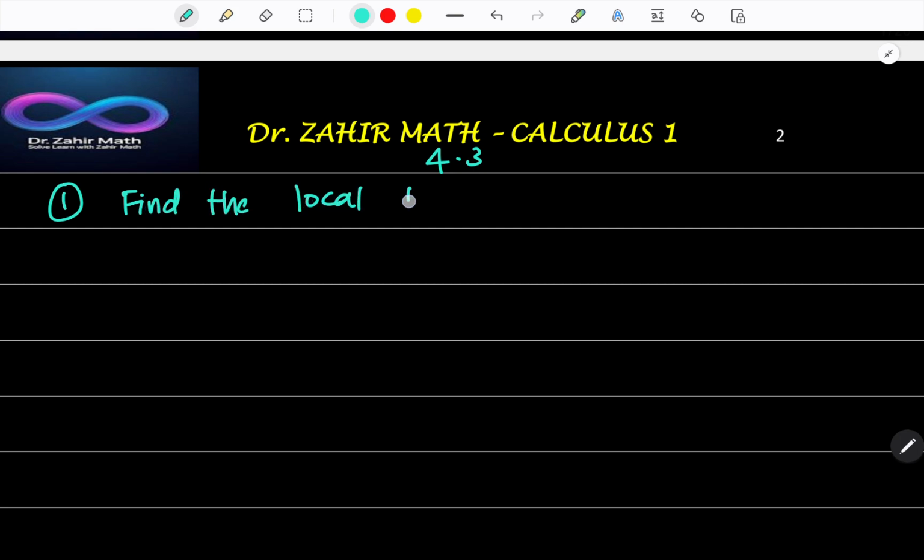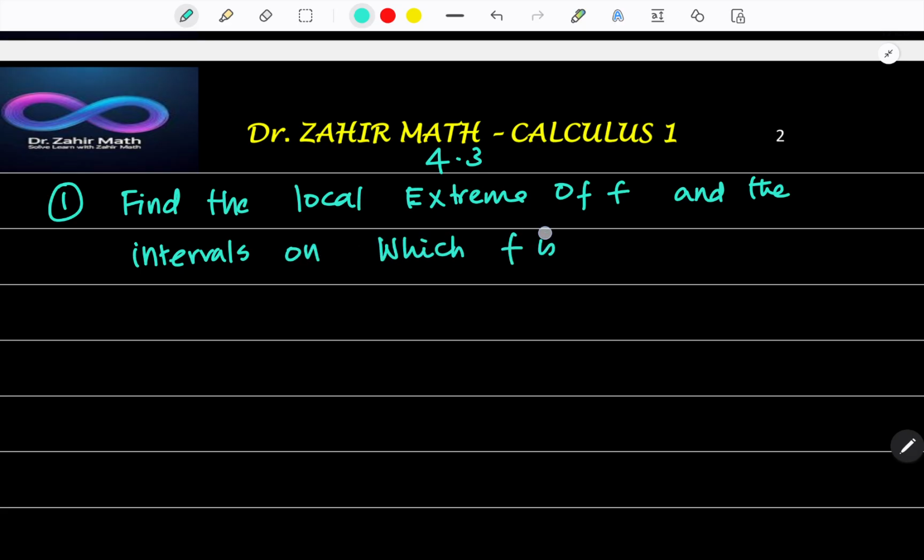Find the local extrema of f and the intervals on which f is increasing or decreasing.